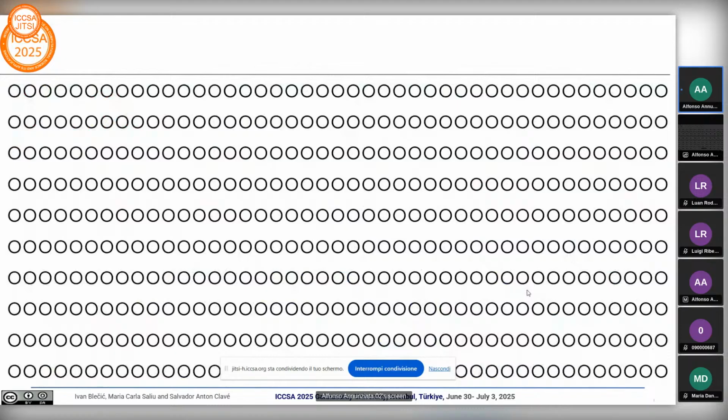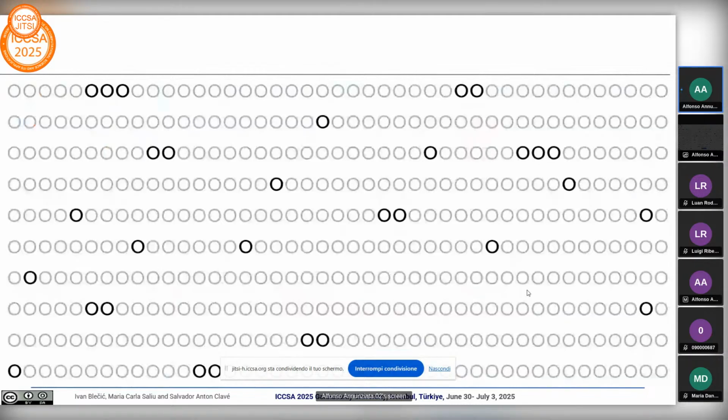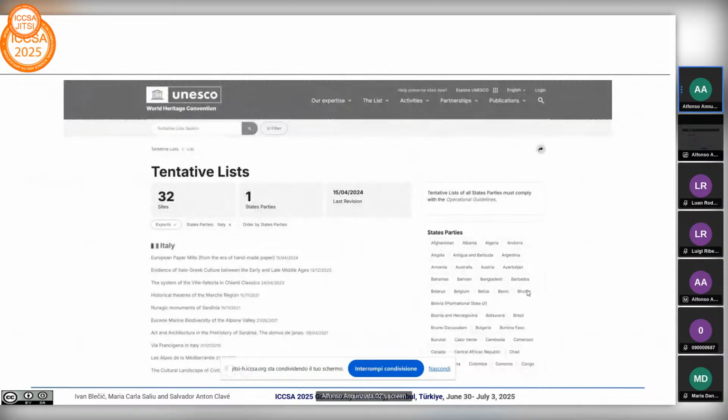The number was not an important feature because the idea was more about the immaterial value of that civilization, and the process in the ex ante phase ended up with a selection of 32 monuments of this nuragic civilization. And these 32 components are within the so-called Nuragic Monuments of Sardinia, which is the title of the proposal which was submitted in the Italian tentative list in 2021.